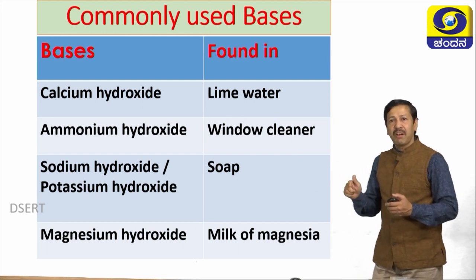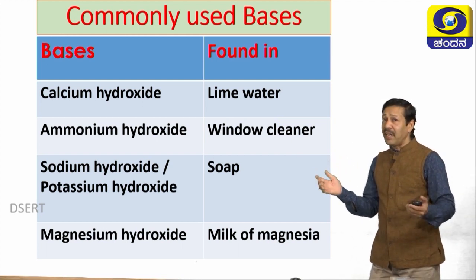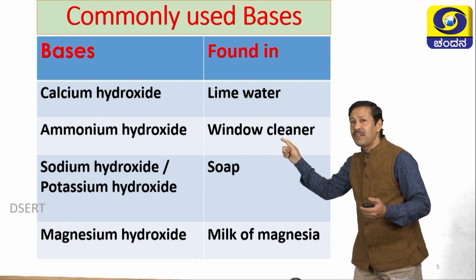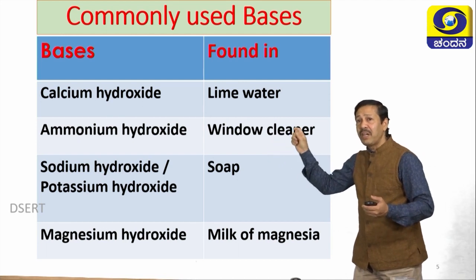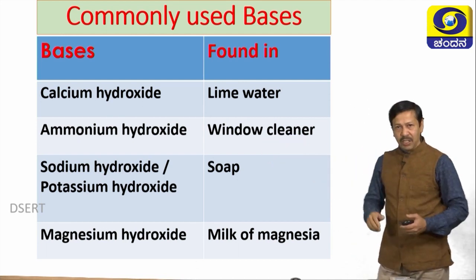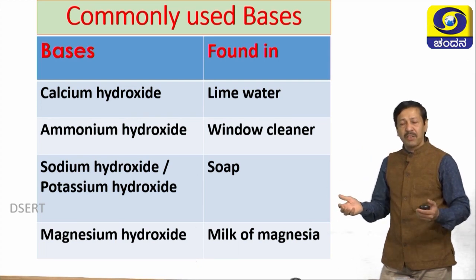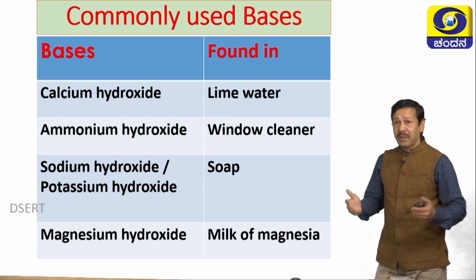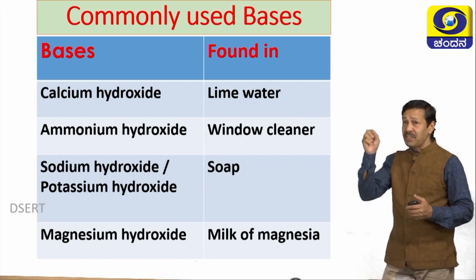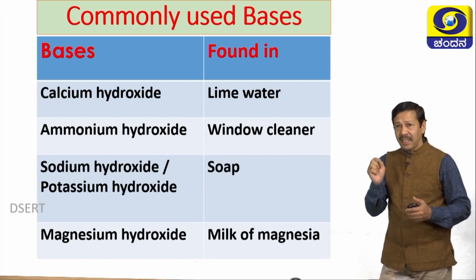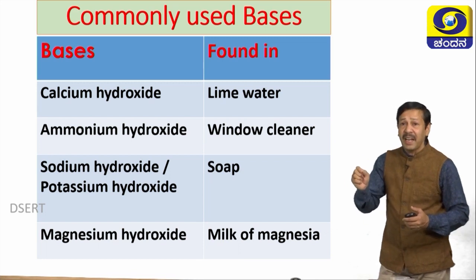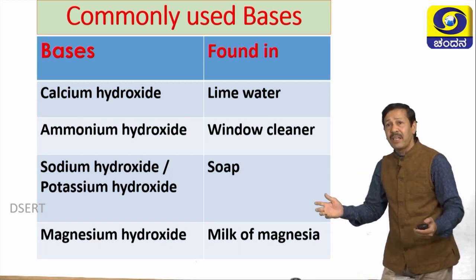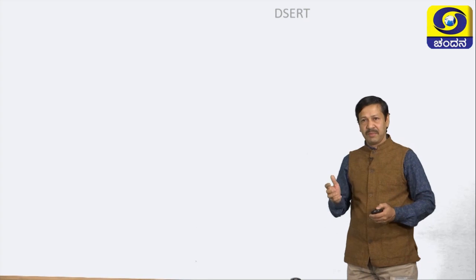Similarly, ammonium hydroxide is present in window cleaning solutions. Sodium hydroxide or potassium hydroxide are used for manufacture of soap, and magnesium hydroxide is an important ingredient of milk of magnesia antacid.